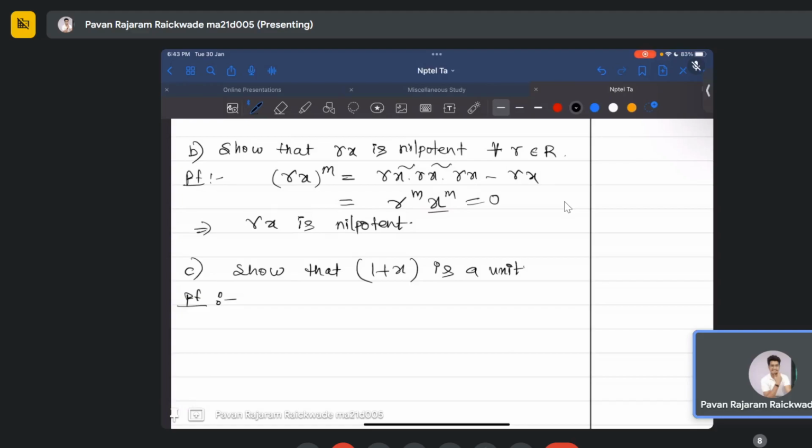One way is to explicitly give the inverse, right? So one way is, if you find an element v belongs to R such that 1 plus x times v is 1, then done, right?